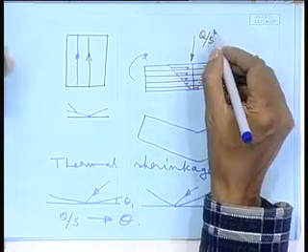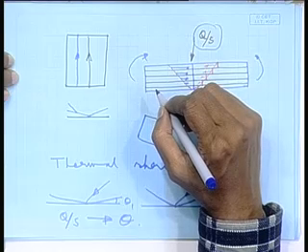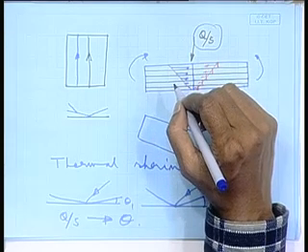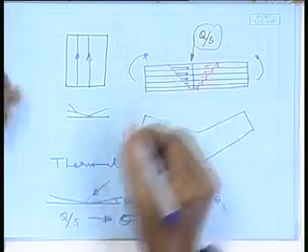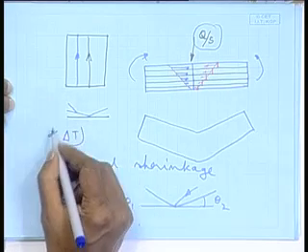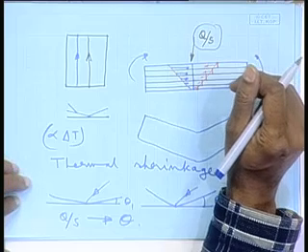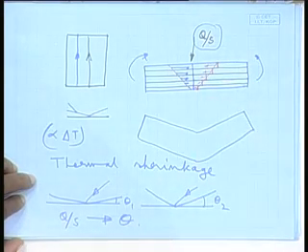it's understood, if I can increase this parameter, or if I can give more heat, my alpha delta T component increases, meaning I can generate more bending stress, more bending moment.